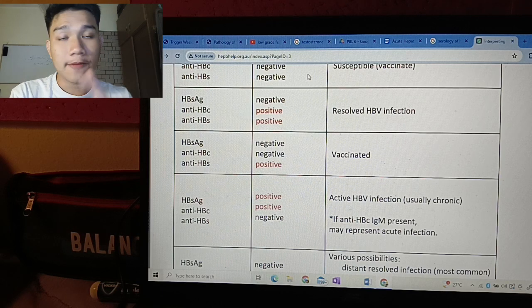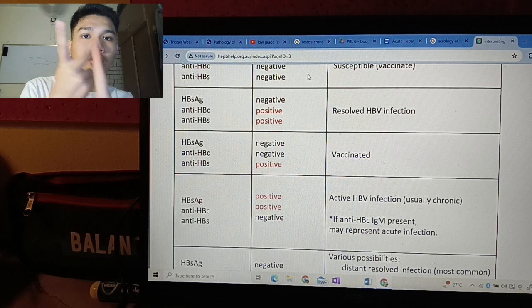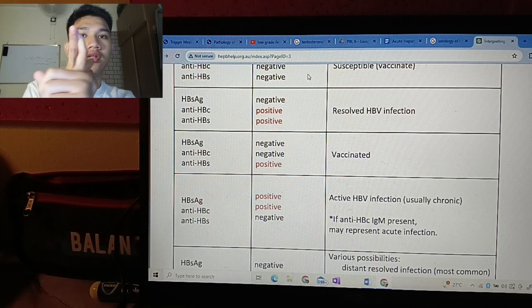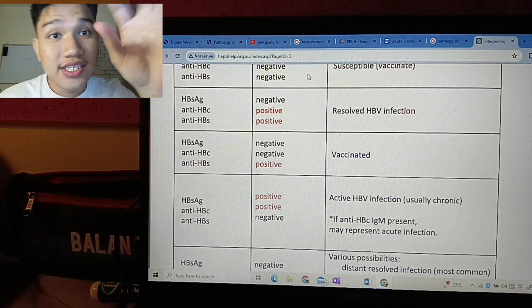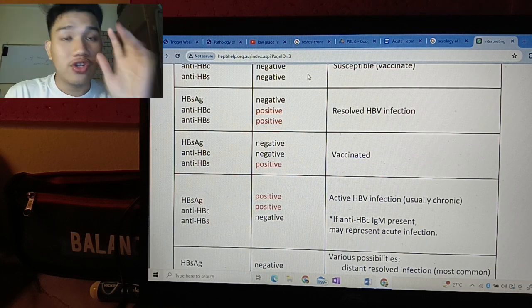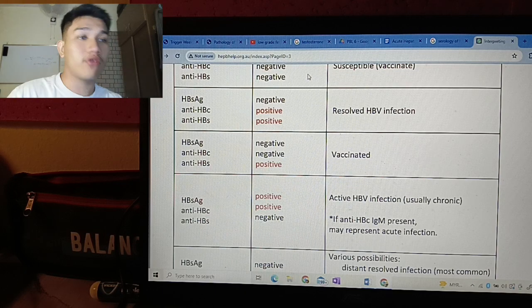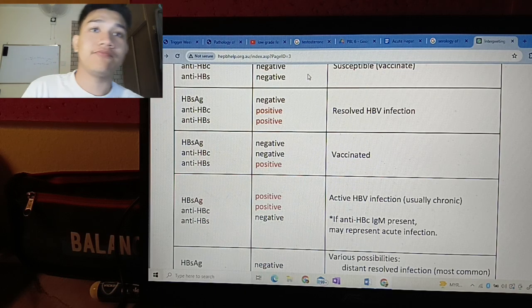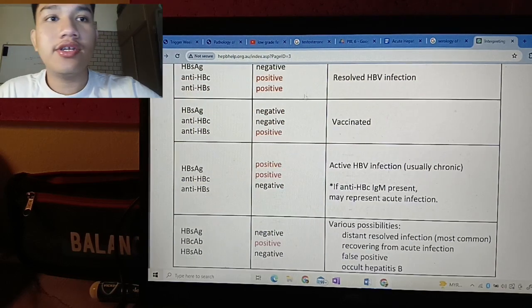That's what it means. So in this case, sebab dia ada both antibody for core antigen and also surface antigen, but the antigen itself negative, not detected. Maksudnya this patient sudah resolve, sudah sembuh from viral infection. Maksudnya sebab ada antibody.